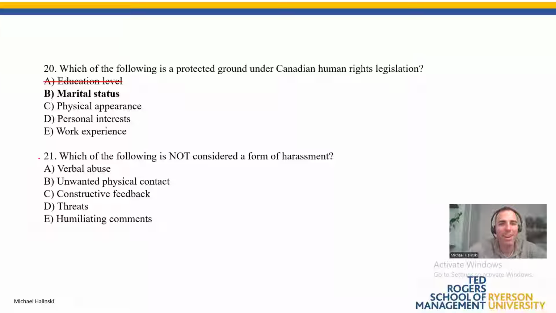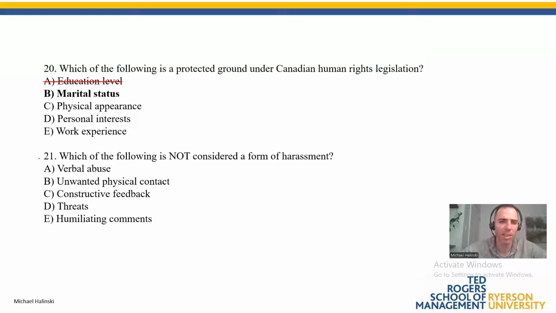Question 21: Which of the following is not considered a form of harassment? So harassment, what was the definition exactly? It could be a behavior or comment, an unwelcomed behavior or comment that a reasonable person would think is unwelcomed.